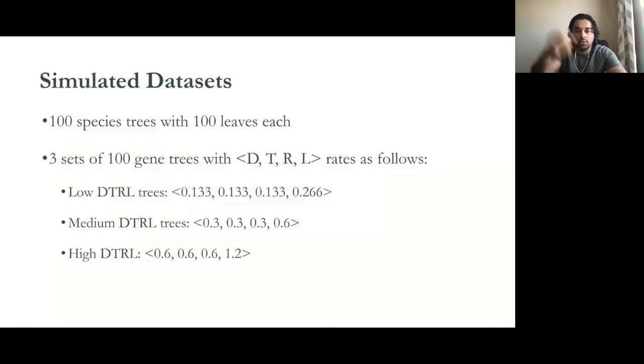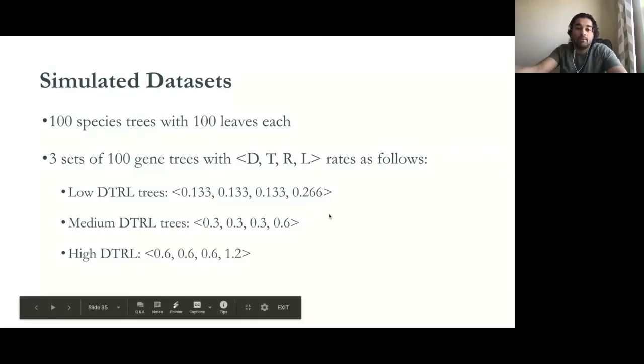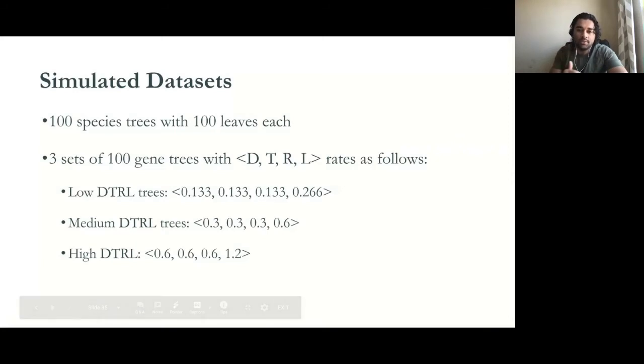So this would stand for duplication, transfer, and replacing and additive loss. And also with medium and high rates of these different events, to essentially test whether or not the method does poorly or better in a certain setting where there's a high frequency of different evolutionary events happening.